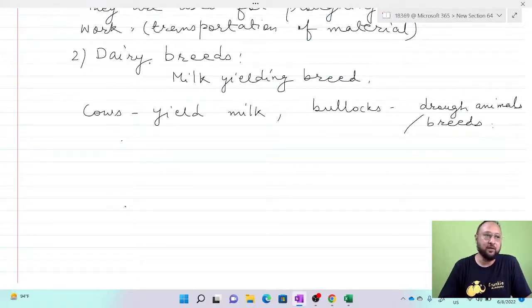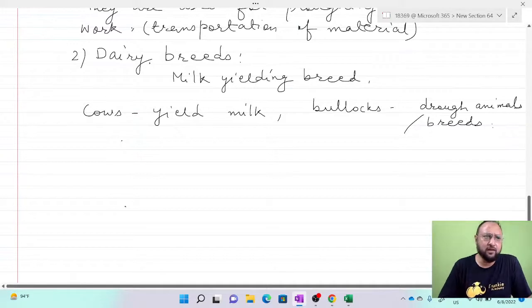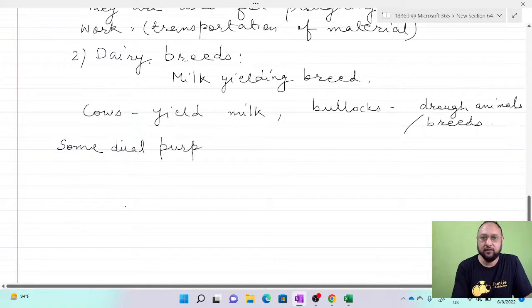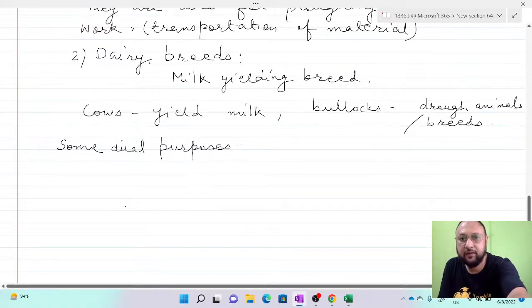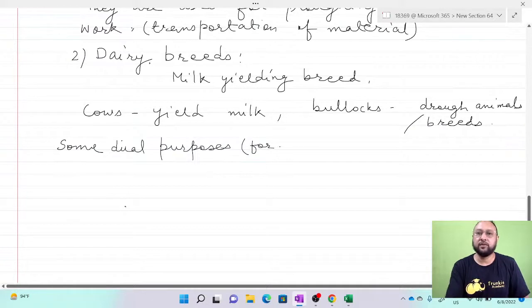Now, some dual purpose breeds of cow. Dual purpose means for both milk and as draught breed.